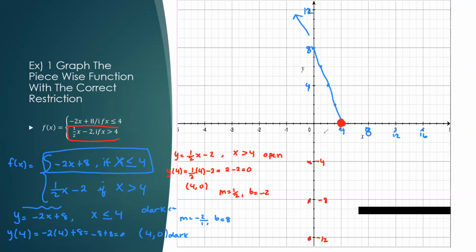Okay, and then our b is at -2, so it's right here. And then our slope is 1/2, so we go up 1 and 2 units to the right. Up 1, 2 units to the right. Up 1, 2 units to the right.